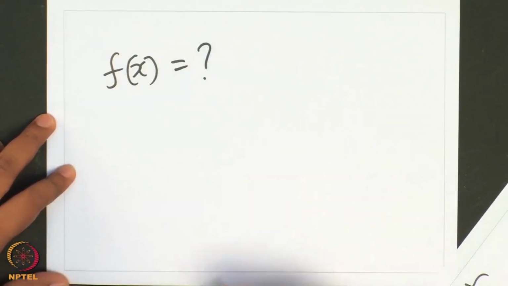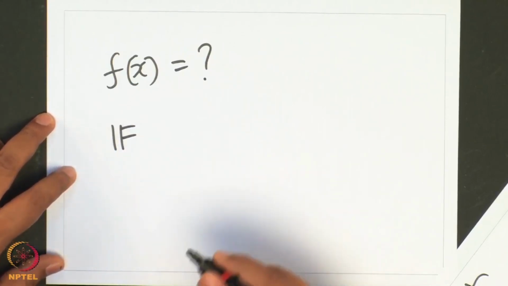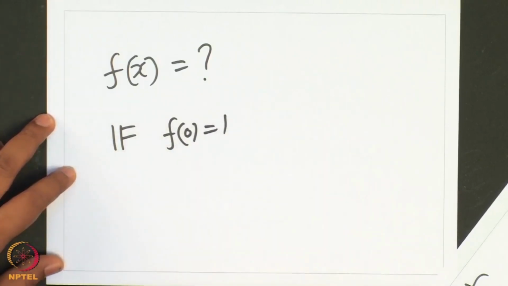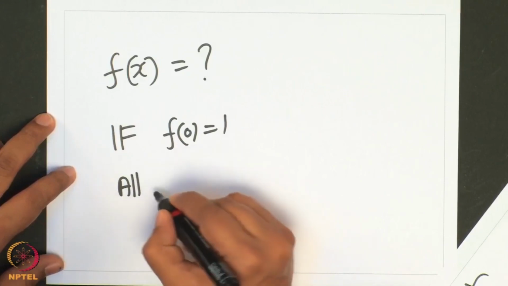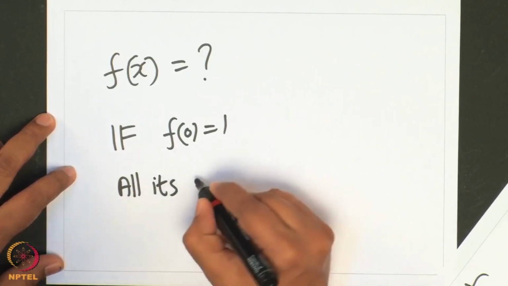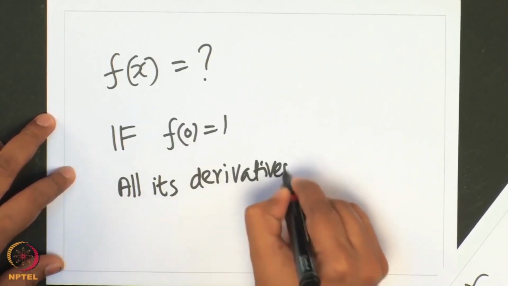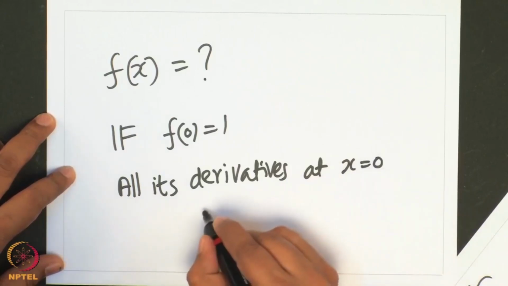What would be that function, what is the simplest thing we can imagine? We can imagine that the function at 0 is 1 and all its derivatives at x equal to 0 are also 1.